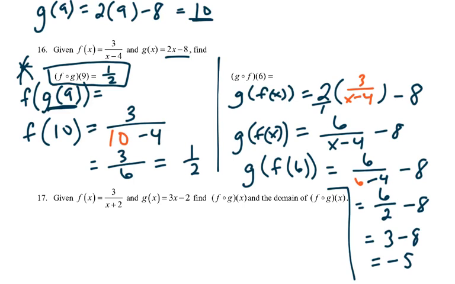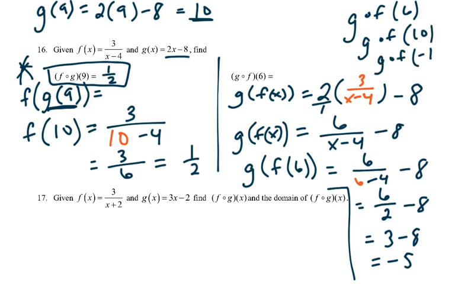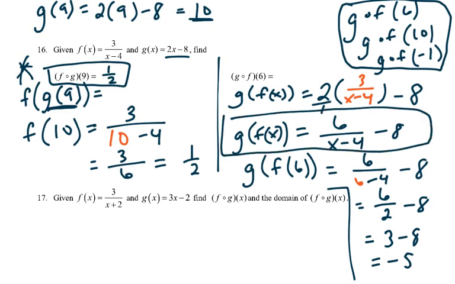But if you are going to have to evaluate, let's say we had to do g of f of 6 and g of f of 10 and g of f of negative 1, like evaluating the same functions with these different numbers, I would probably do this way because I get a general result and then substitute each x value into the general result. But if I'm only having to find one, I might do it this way on the left-hand side, just because of personal preference.